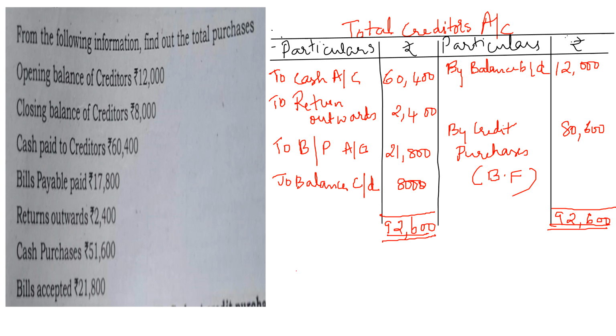So total purchases is equal to cash purchases plus credit purchases.